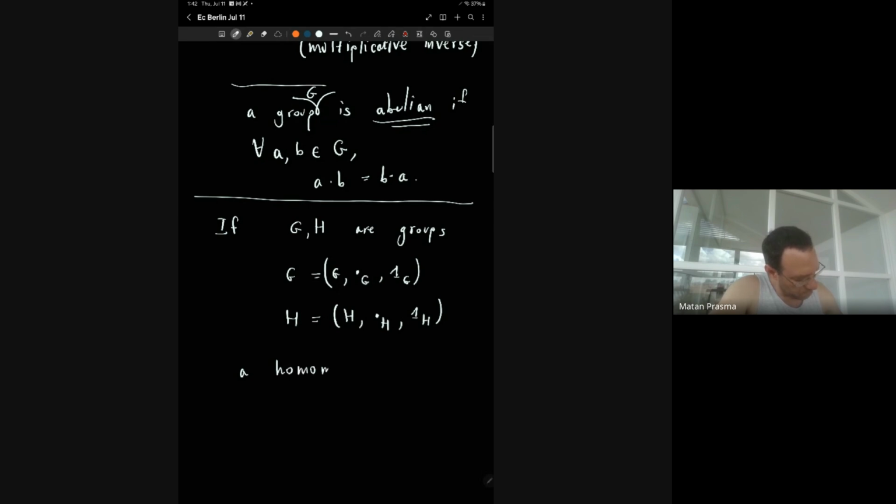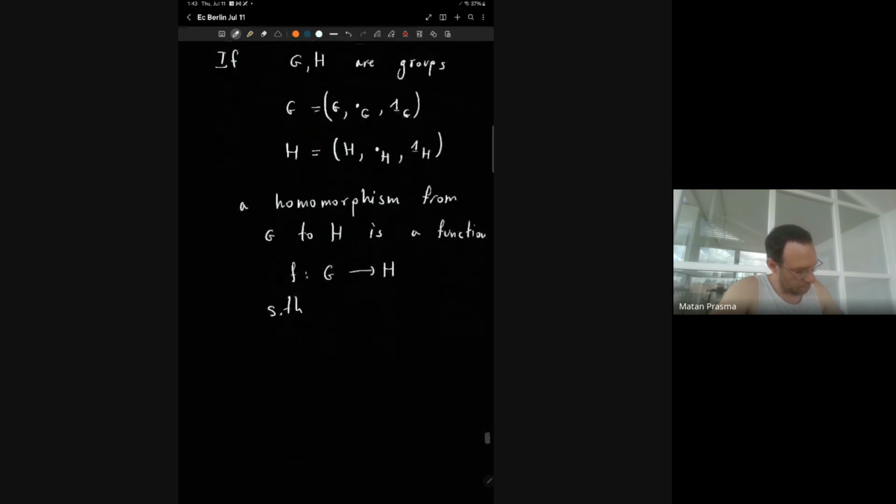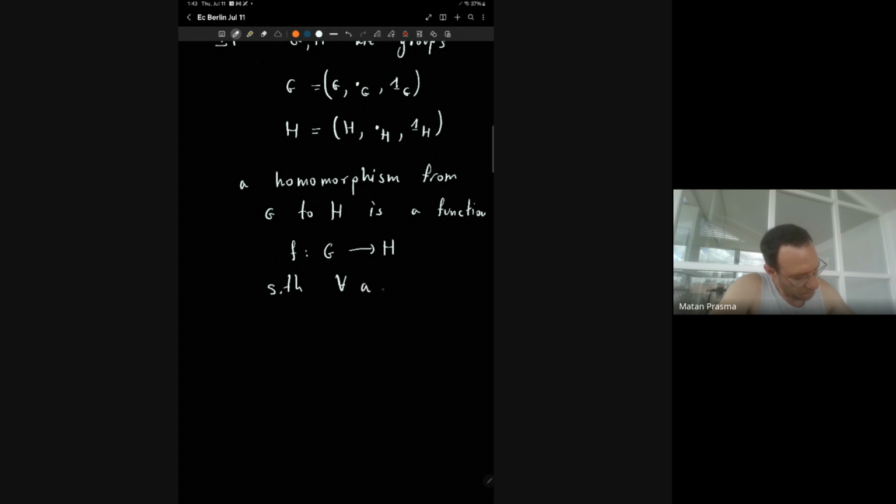A homomorphism from G to H is a function f from G to H, such that for any a and b in G, f of a times b is f of a, but here the multiplication is in G, multiplied in H by f of b.